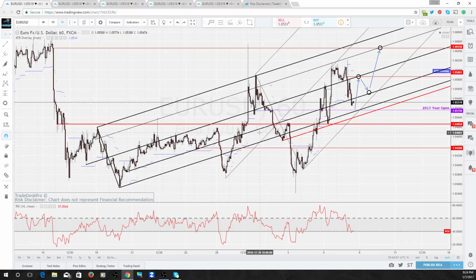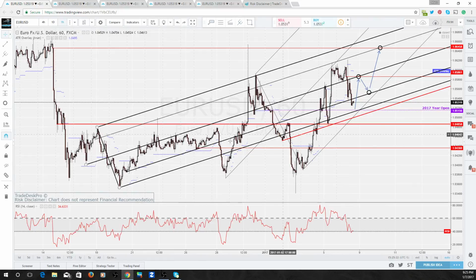Now, having said this, you do see that price went below here and here. End of year shenanigans, I call it. You know, low liquidity periods make for moves that are just BS, so to speak.